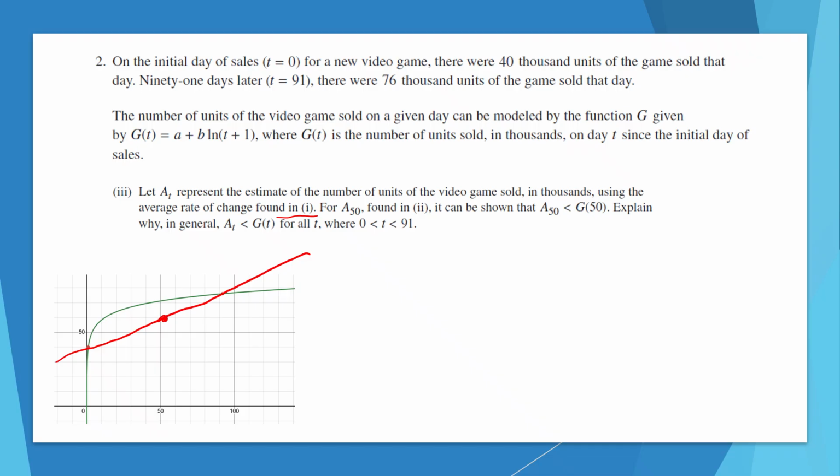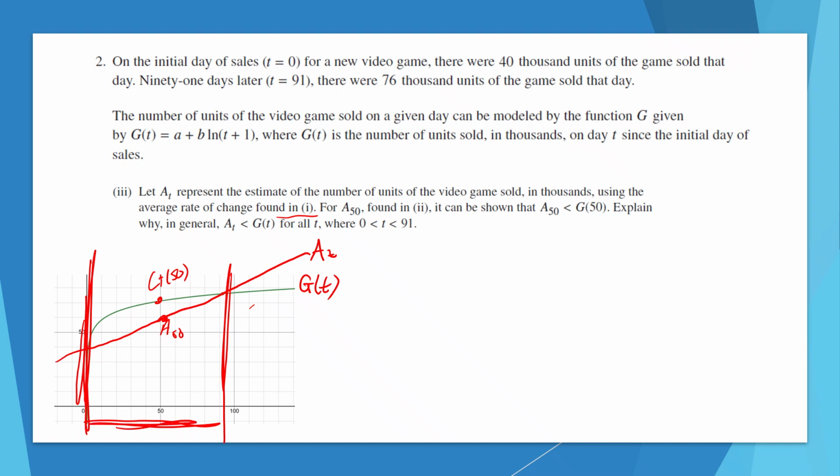For A of 50, found in part 2, which is right here, it can be shown that A of 50 is less than G of 50, which is right there, because this is the graph of G, this is the graph of A of t. Explain why in general A of t is less than G of t between 0 and 91 here.